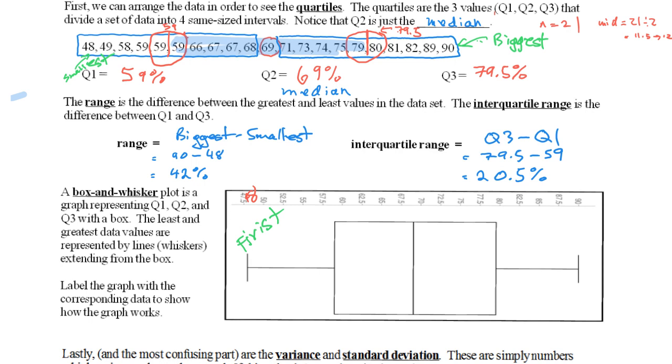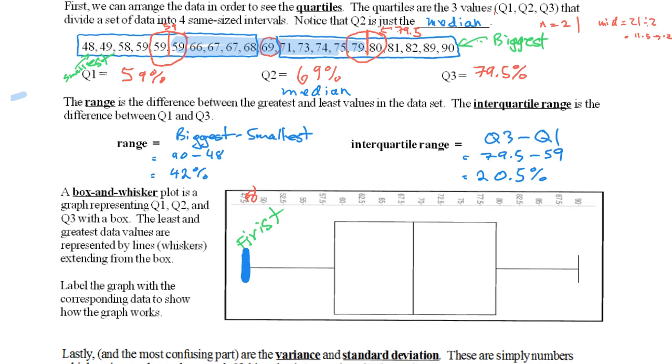So the key is when we draw this thing, we have to have a number line. And then below the number line, we show the first spot on our box and whisker plot by drawing a small line underneath our number line that we have right here.